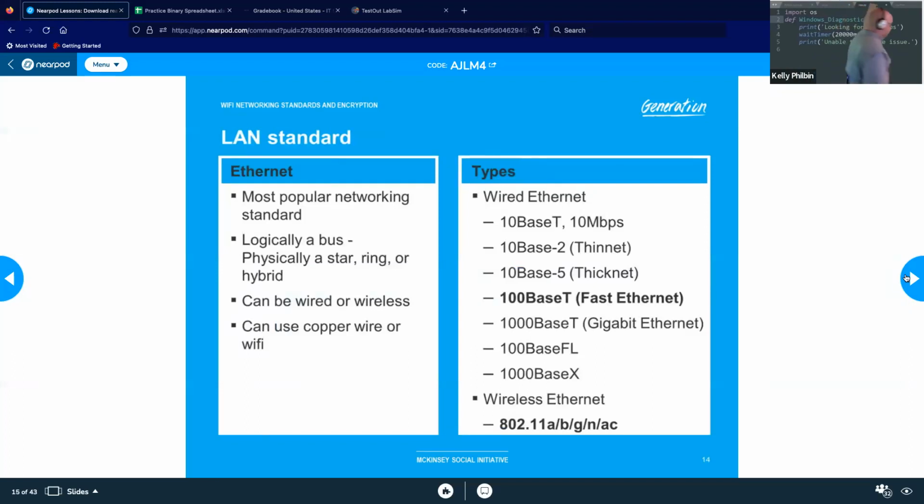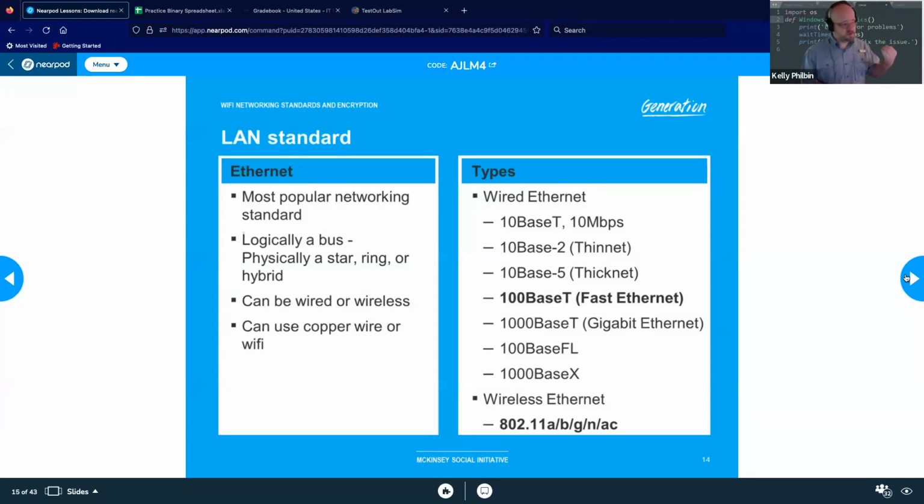All right. So LAN standards. Now, from a wire perspective, it's probably one of the most popular networking standards, what we use in buildings and all that kind of fun stuff. It's very high speed and economical at this point. Logically, it operates kind of like a bus. Physically, it can be a star, a ring, or a hybrid.